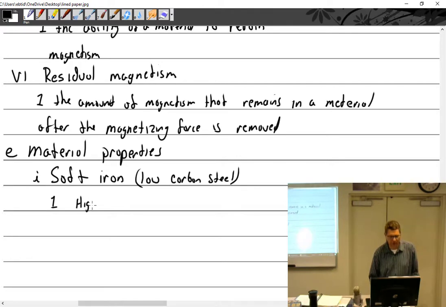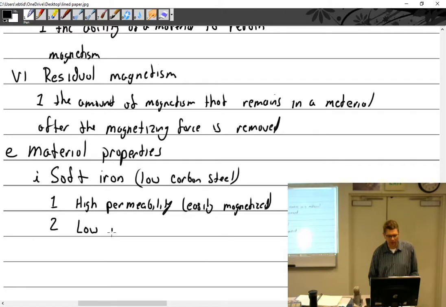High permeability. Which means that it is what, in layman's terms? Easily magnetized. What about its residual magnetism? Okay. Low residual.